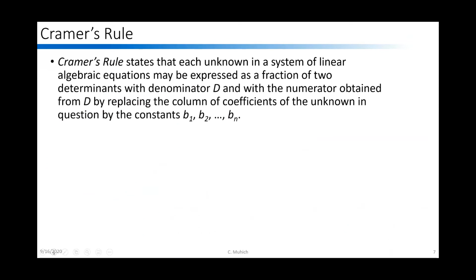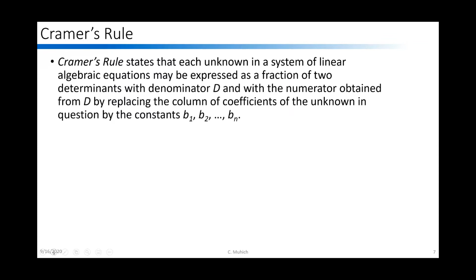Now that we know a little bit about determinants, we're going to use them in order to solve linear algebra problems. The method of using determinants to solve these matrix math problems is called Cramer's rule.